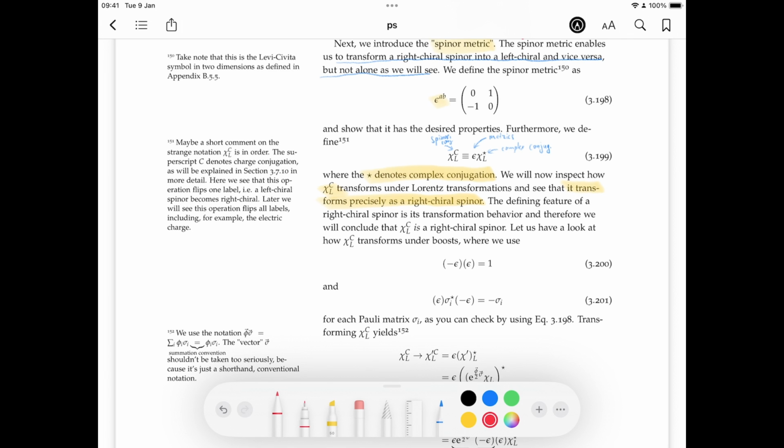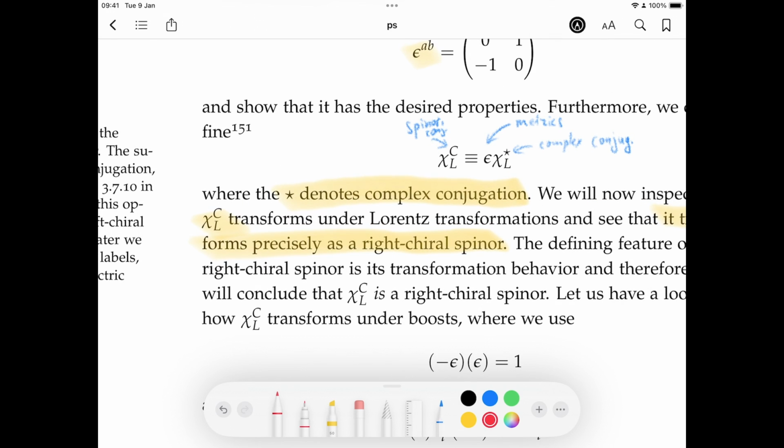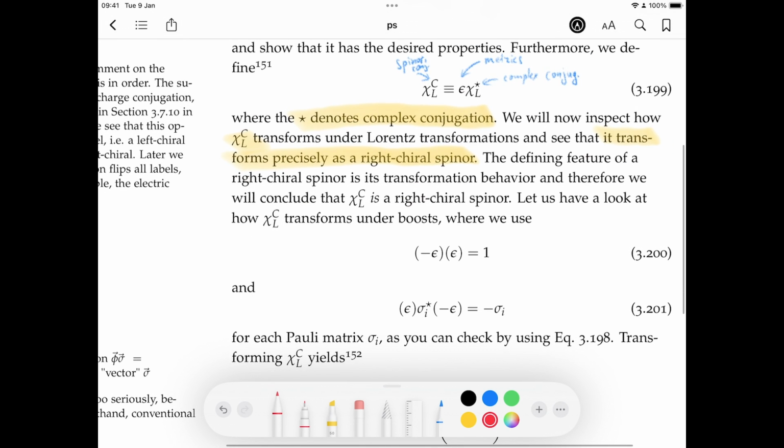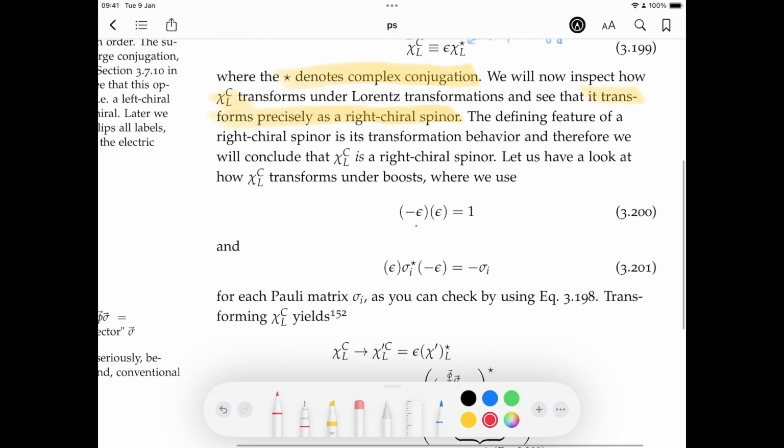So to conjugate the spinor, in this case the left one, because for the right one the formula will look a little bit different, it will have, I guess, the minus sign there. We need to conjugate that vector complexly and apply the spinor matrix to it. You can see that the spinor matrix has this relationship: minus epsilon multiplied with epsilon gives us the identity matrix.